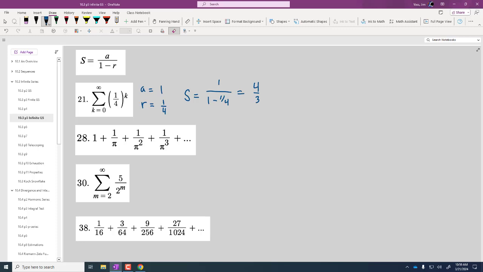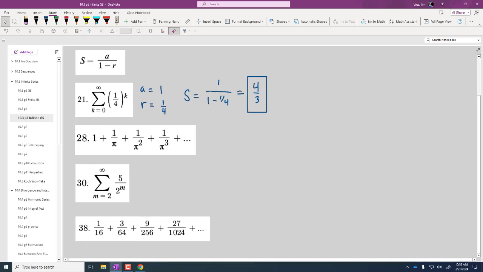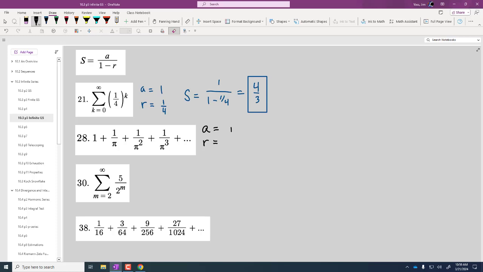We prefer the infinite series. A lot easier. How about this one? What is the a value and what is the r value? A is 1. R is 1/5. A is always the first term, and whatever you multiply the first term by to get the second term, that's got to be the r value, so 1/5.